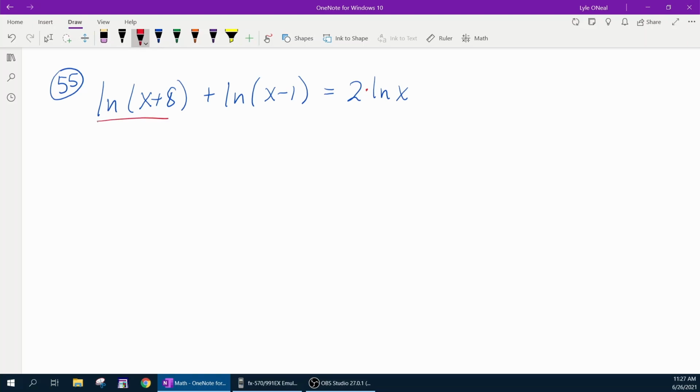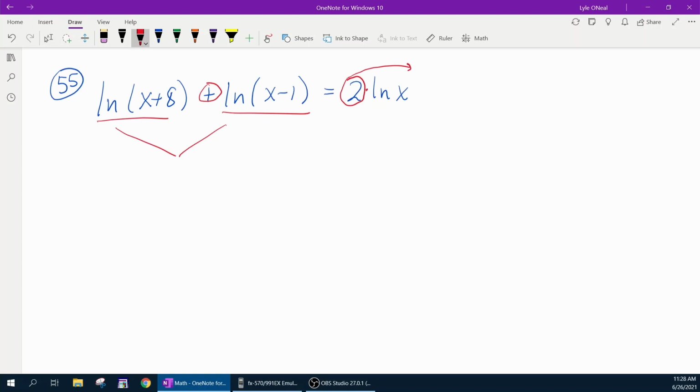First of all, notice that these two logs are separated by addition. So we're going to want to use the product rule to combine those into a single log. And the most effective way to get rid of this coefficient is to use the power rule.